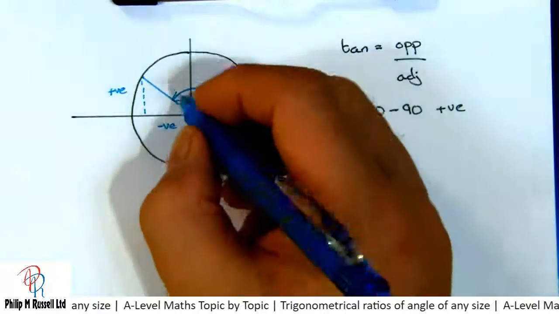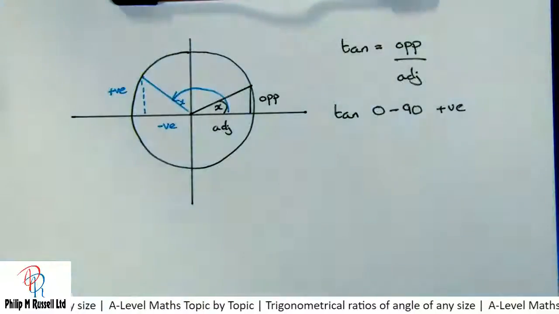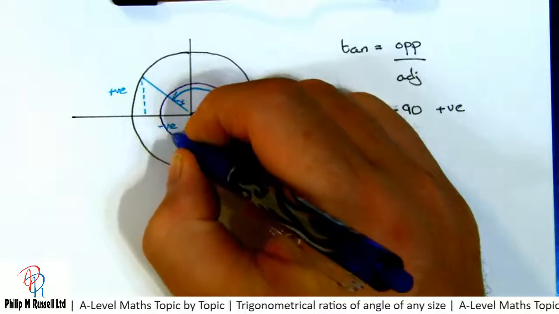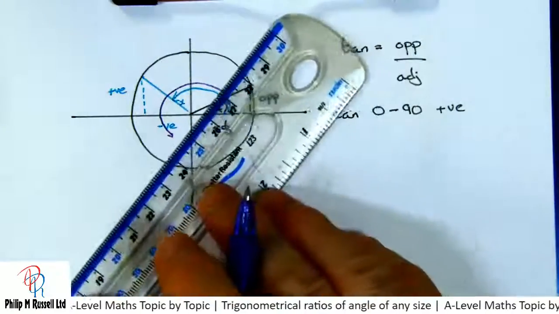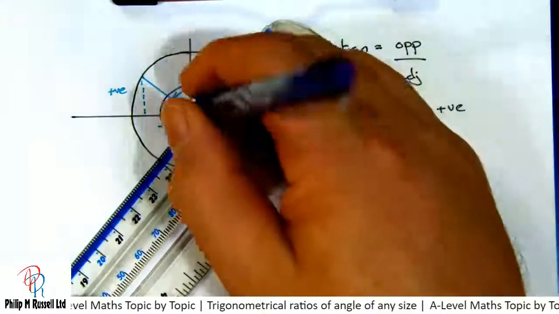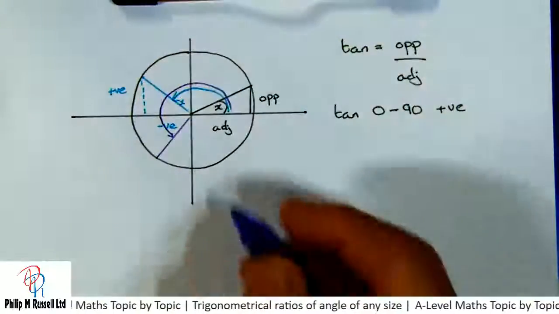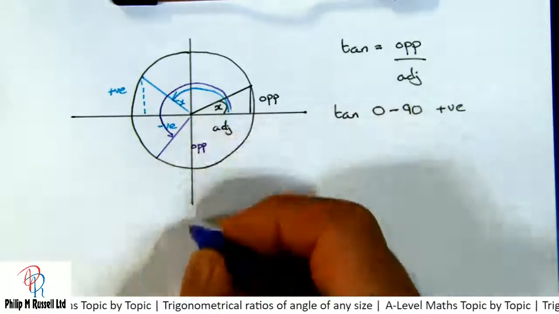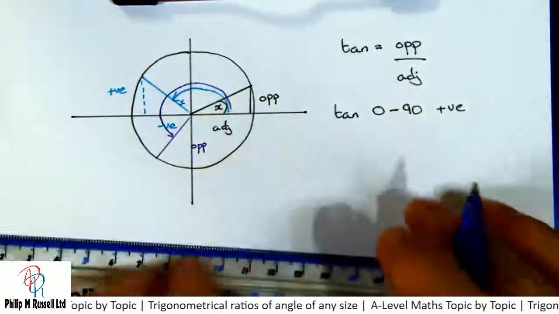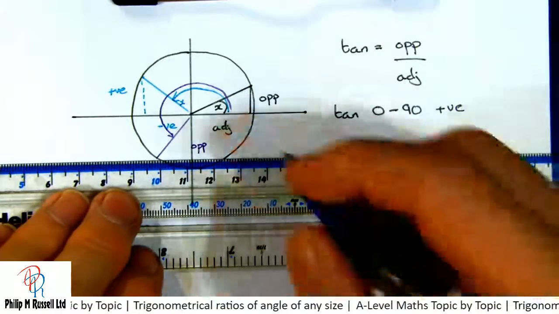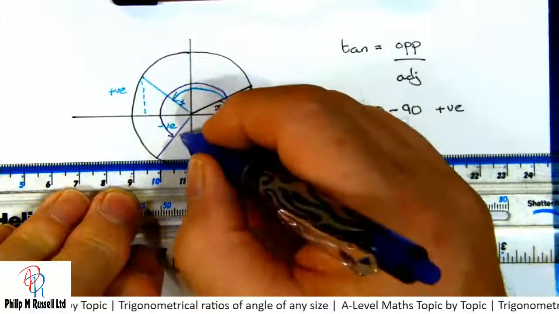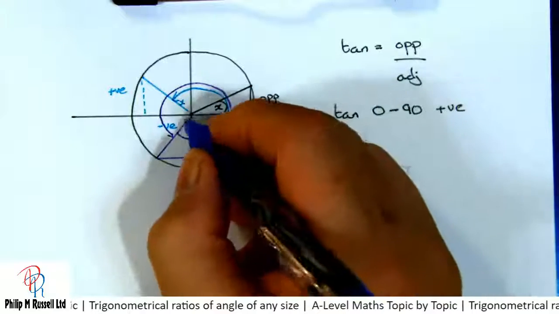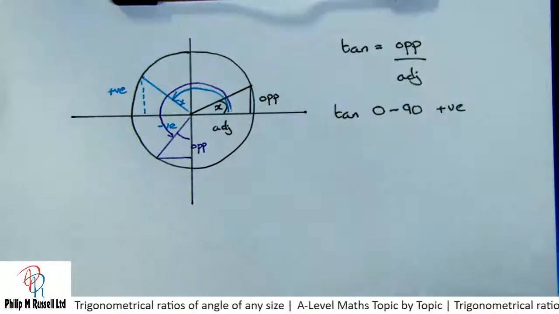That's also going to be true if I move my triangle further round into this quadrant, and here we're going to find that the opposite is going to be negative, and my adjacent is also going to be negative.